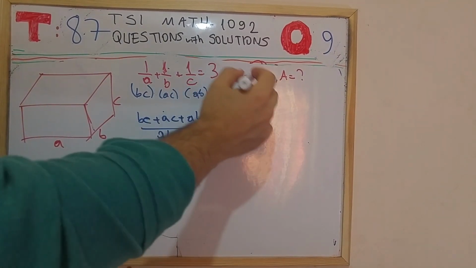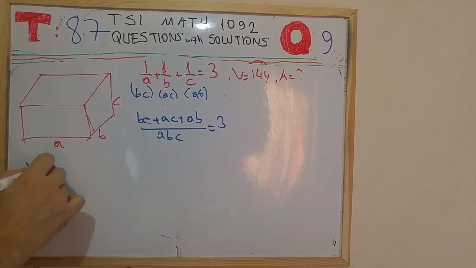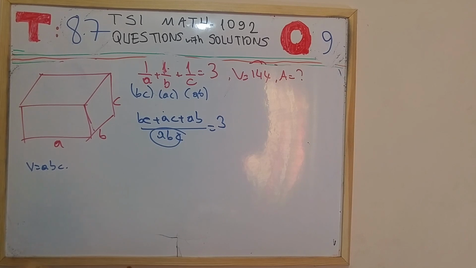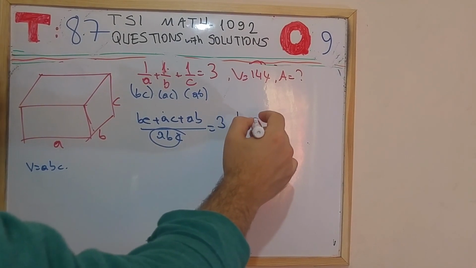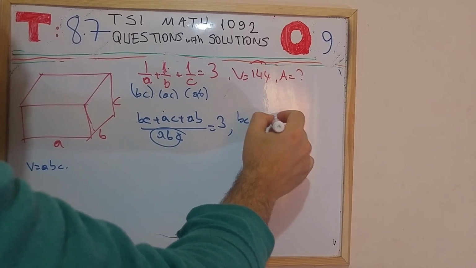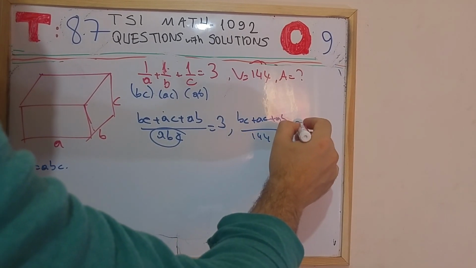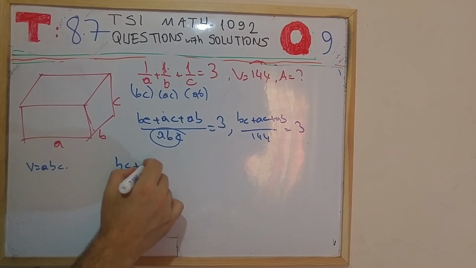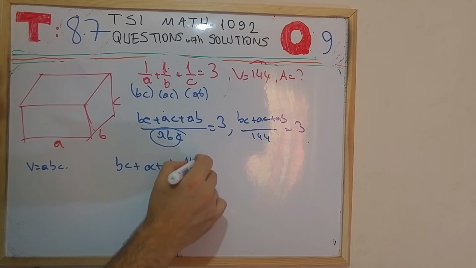And ABC, the volume of this prism, is equal to A times B times C. So I just can replace ABC by 144. So what I have is then BC plus AC plus AB over 144 is equal to 3. That means that BC plus AC plus AB is equal to 144 times 3.